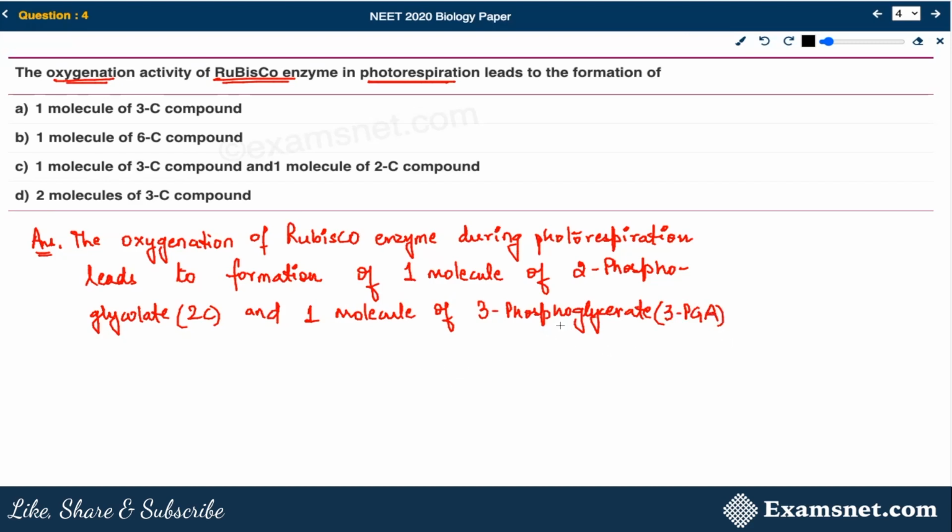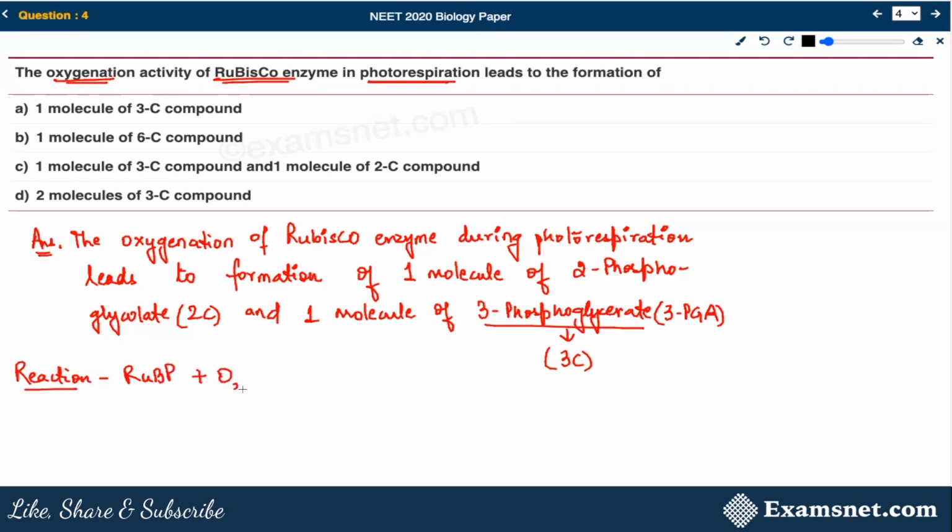Clear? This is a 3-carbon molecule. So how does the reaction go? The reaction is something like this.